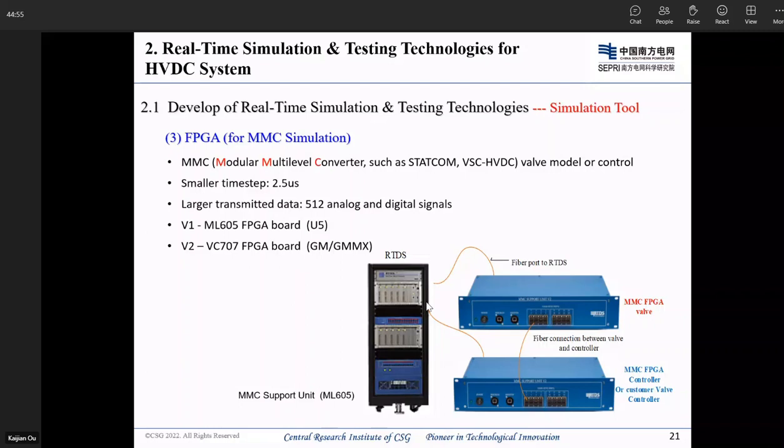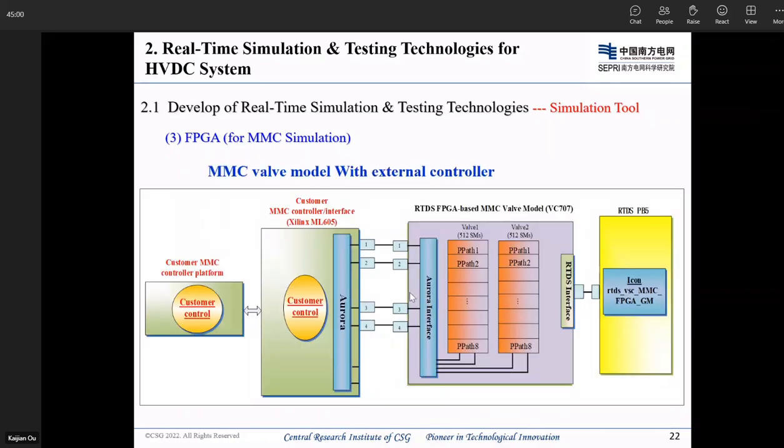So this is for MMC simulation, and this is the MMC valve model with an actual controller.